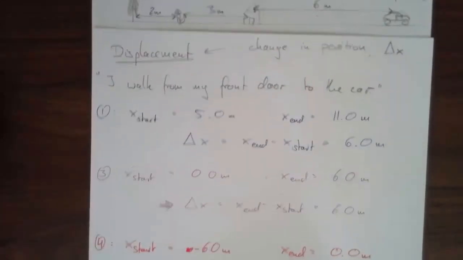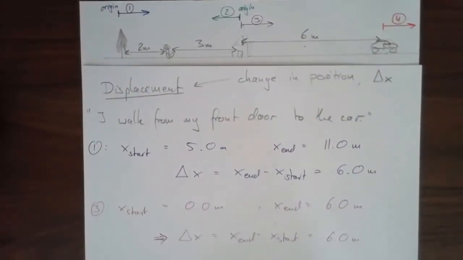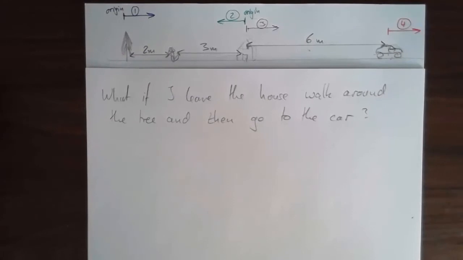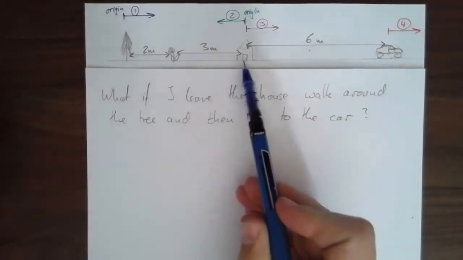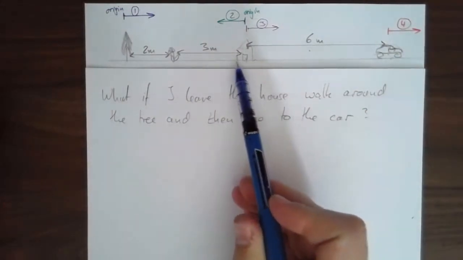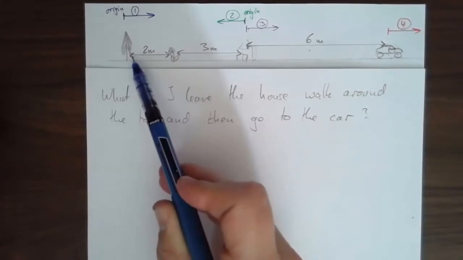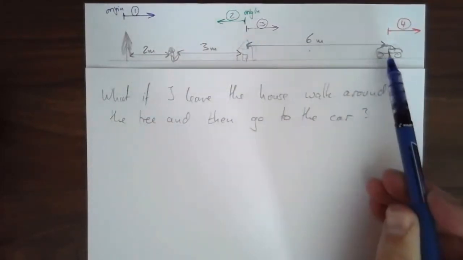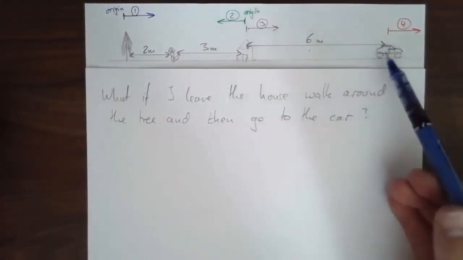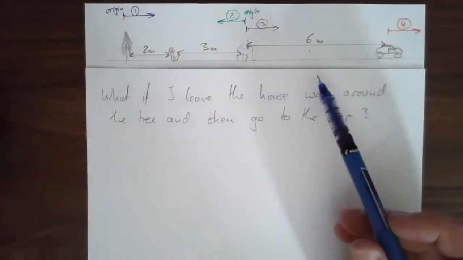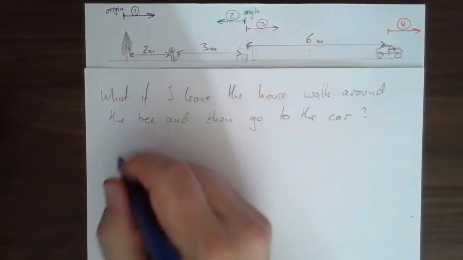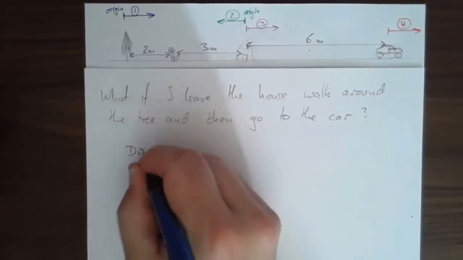Okay, let's just stick with the scenario for another second. Let's imagine the following situation. I've got the same picture at the top. But what if I leave the house, leave my front door, and I walk around a tree, and then I walk to my car? What's my displacement then? It doesn't matter what coordinate system you pick.